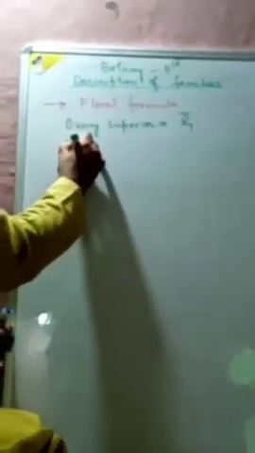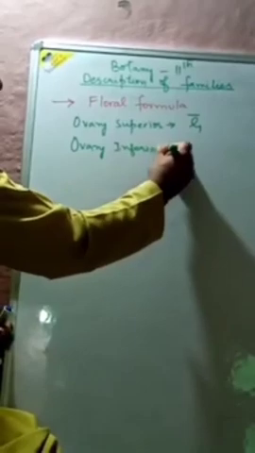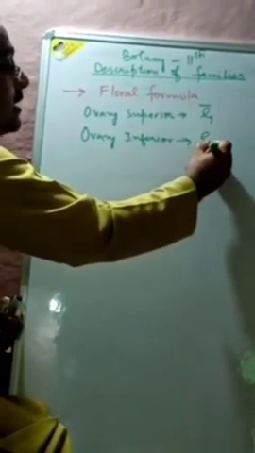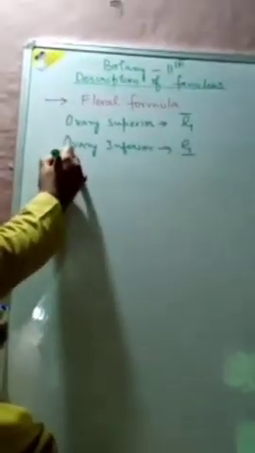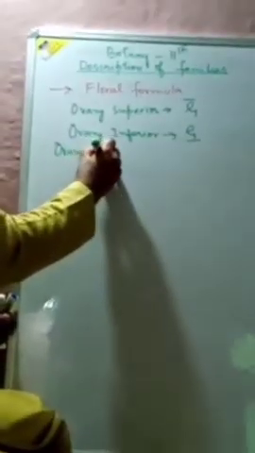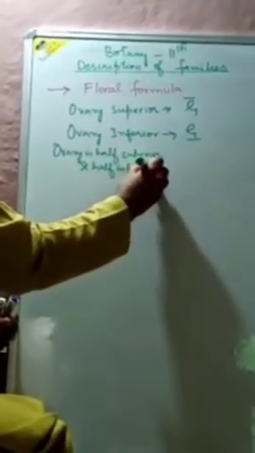When the ovary is inferior, that means the ovary lies below the whorls, then at that time G with a line below. When the ovary is half inferior or half superior, then it is written as G with a dot in the center.